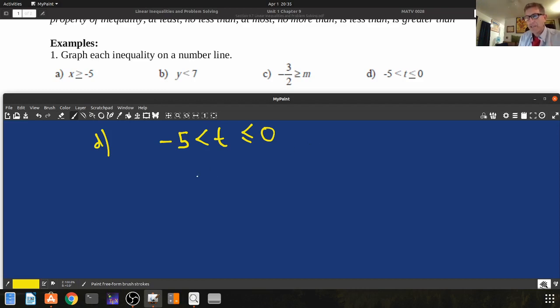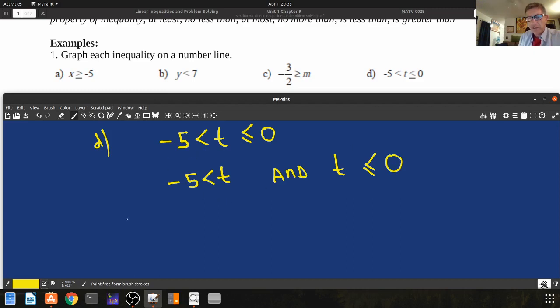And I think the best way to read it is this way, that t is greater than minus 5 and t is less than or equal to 0. So that's what that symbolism means.